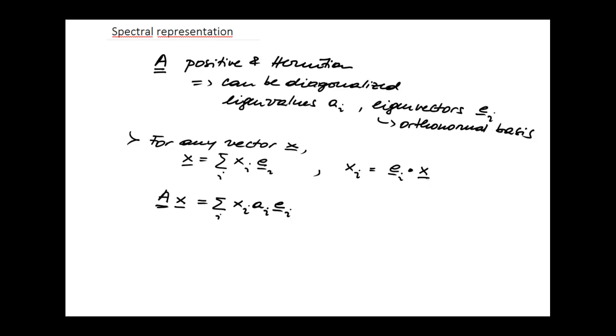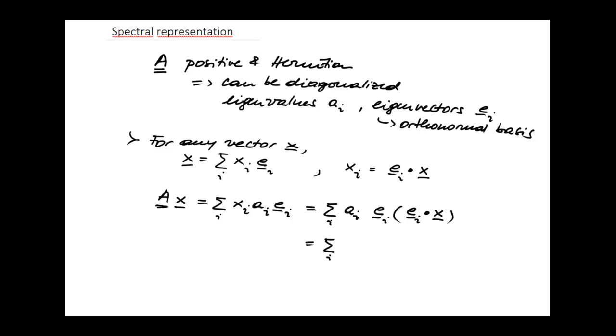Here I write it in terms of the ordinary scalar product. So on the lower line, we can also write it like this: a sum over i, ai, then we have the xi, which we write as ei scalar product with x, and then we have ei.